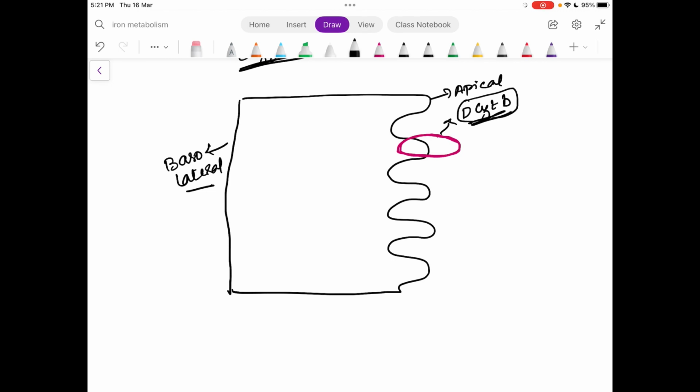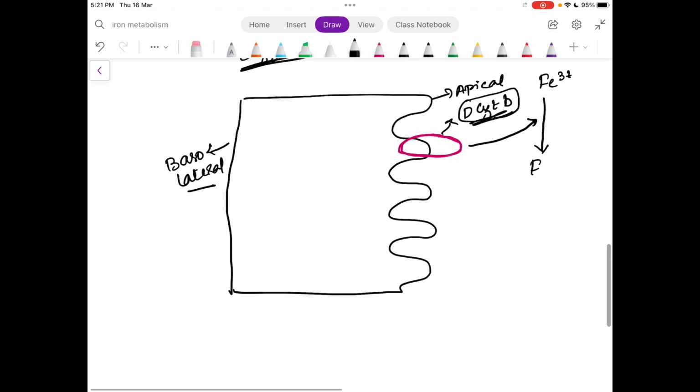What will it do? It will convert Fe3 plus to Fe2 plus. So duodenal cytochrome B reductase will act on Fe3 plus and convert it into Fe2 plus. Or directly, if food contains vitamin C, this vitamin C can convert Fe3 plus into Fe2 plus.